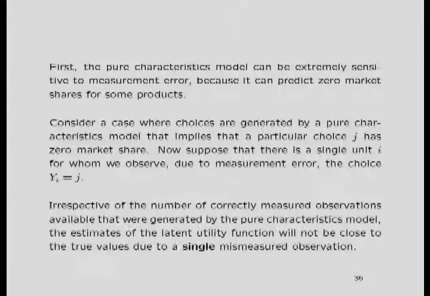The main point is, there are two points to that. One is that not having these epsilon ij's in there makes these models extremely sensitive to measurement error. Suppose you have choice data that were generated by one of these hedonic or pure characteristic models. One of the attractions of these models is that they can actually predict zero market share for some products.